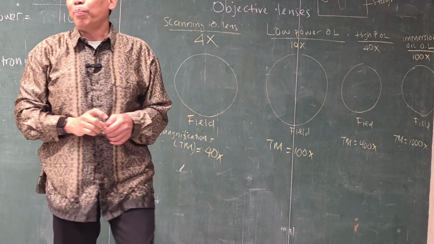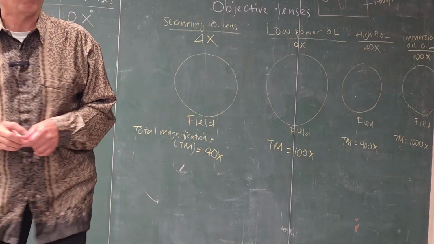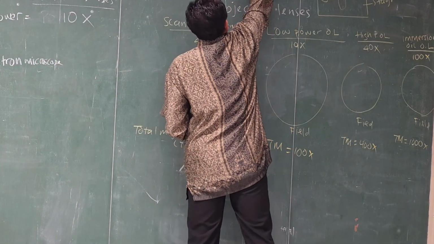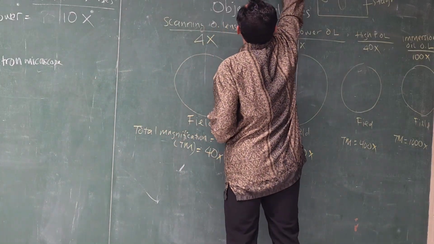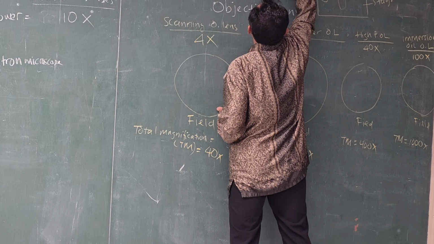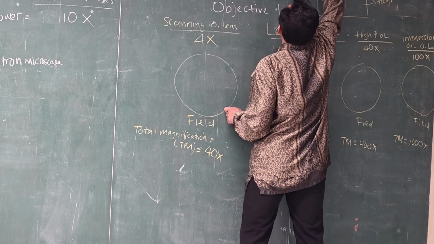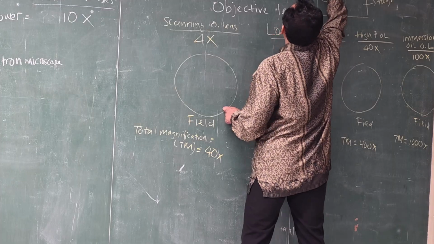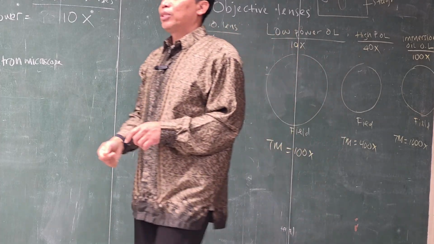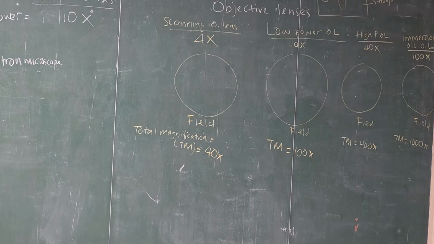Right? That big knob is called the coarse adjustment knob. That knob will bring the stage up and down very fast, okay?